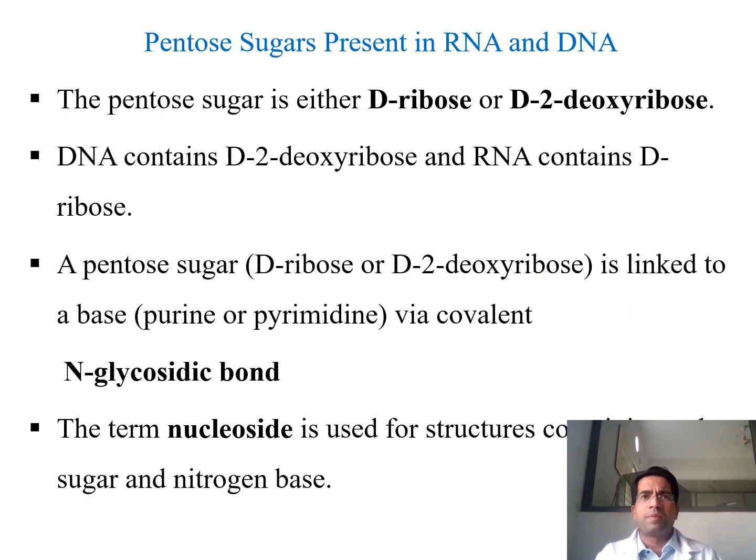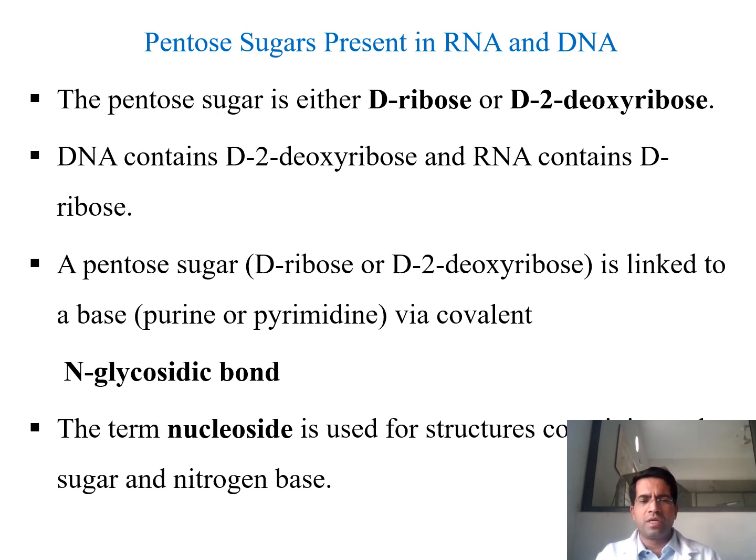Next, we will come to the pentose sugar present in DNA and RNA. The pentose sugar can be either D-ribose or D-2-deoxyribose. DNA contains deoxyribose and RNA contains ribose.